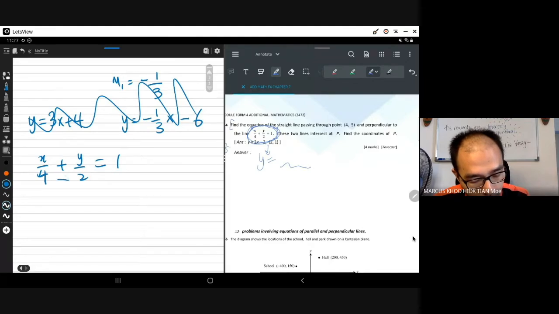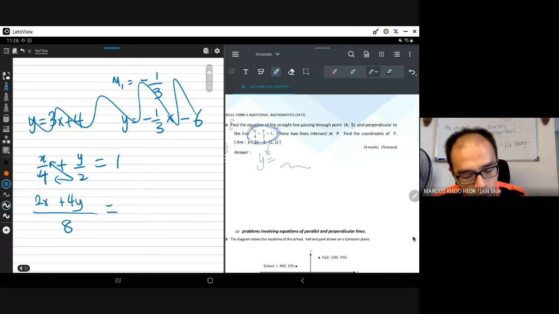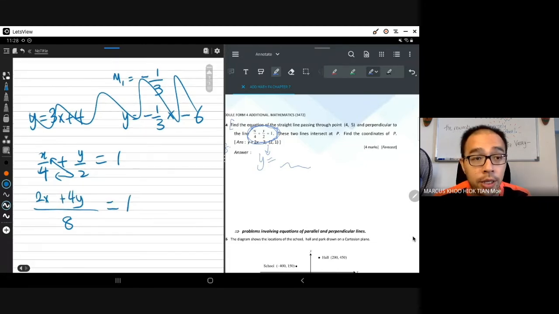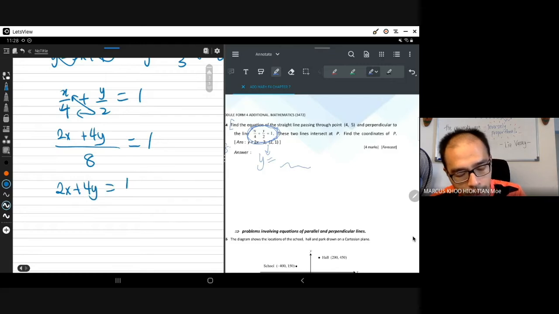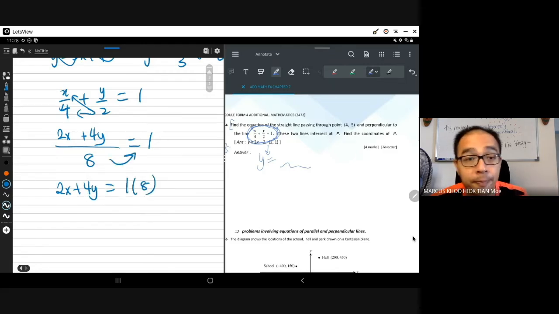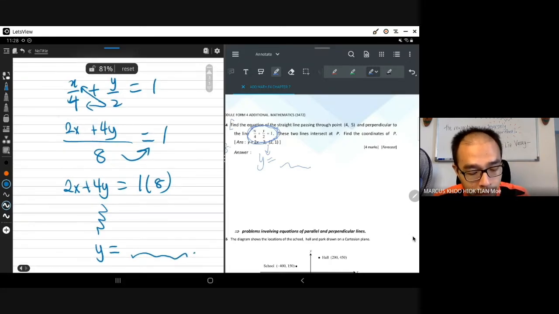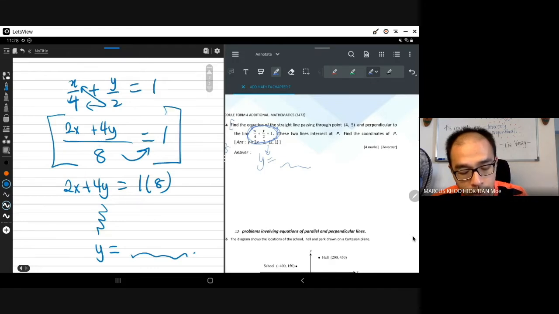So you multiply the denominators, you will get 8, and then you cross multiply: 2x plus 4y equals 1 times 8. You bring the 8 up. Can you see where I'm headed? Then after this, you can move terms, then you get y equals and so on. So the most important step is this one. This is the most important step.